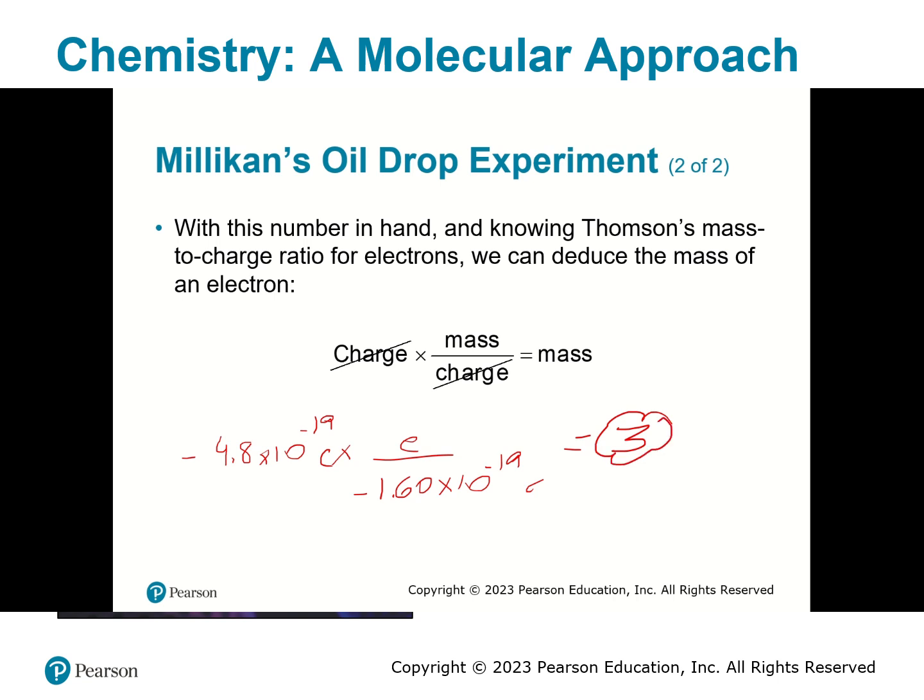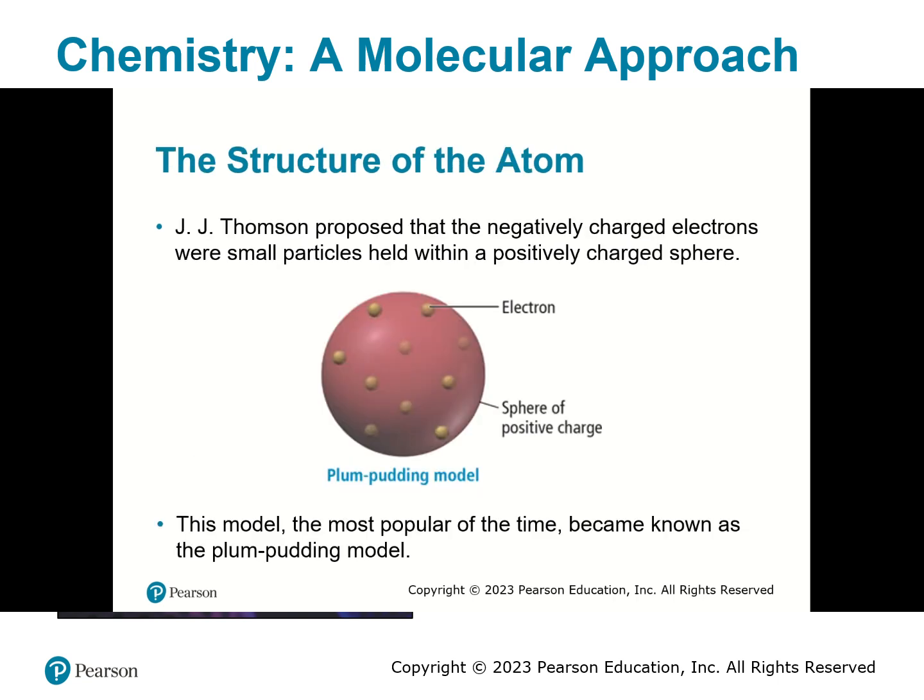Okay, so we can deduce the mass of an electron. We can deduce the excess of electrons. In this case, I was deducing the excess of electrons. So it was a very good discovery.